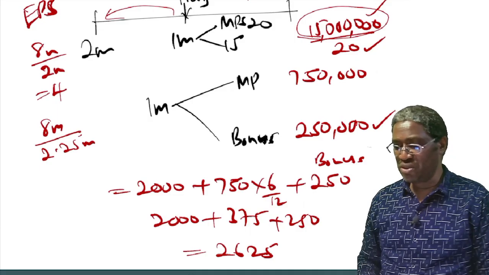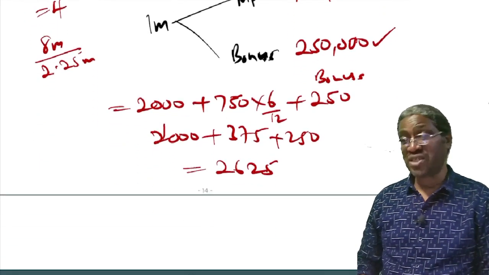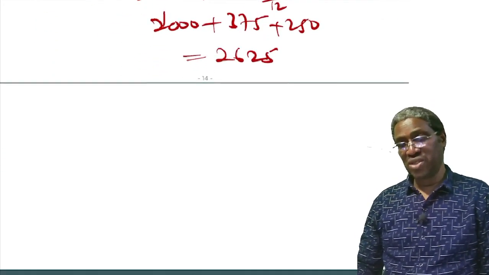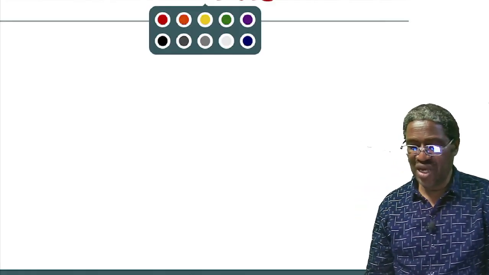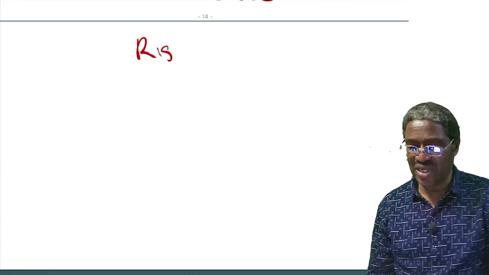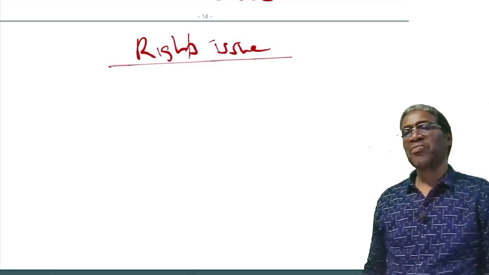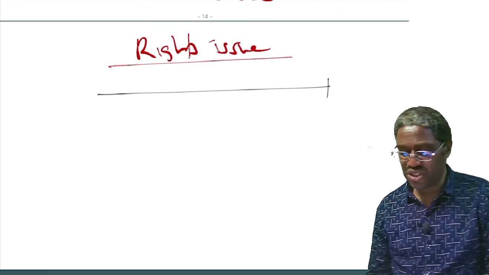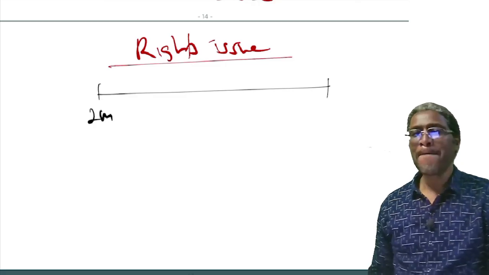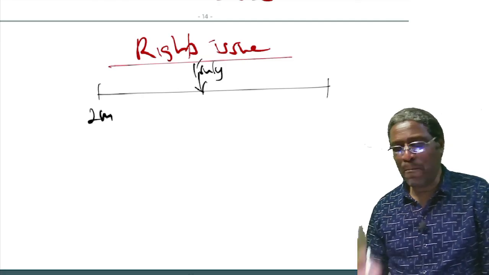We now want to go to the next one, and that is what we call the rights issue. How do we use them to compute the weighted average number of shares when shares are issued as a result of a rights issue? Again, let me assume we began the year with 2 million shares. On 1st of July, we gave the privilege.